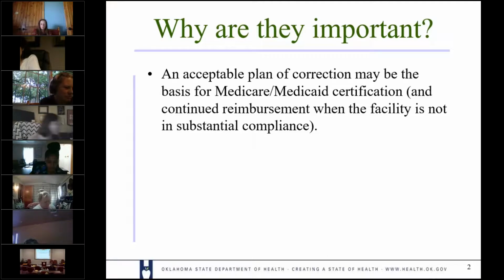We try to get plans of correction accepted prior to sending people out to do a revisit. That has not happened lately because we're working with surveys that are pre-COVID and then COVID and then current. So right now, this is a whole different operating time for us, even though COVID's still going on. We're working on 3 different ones.